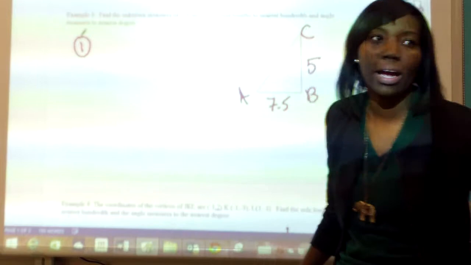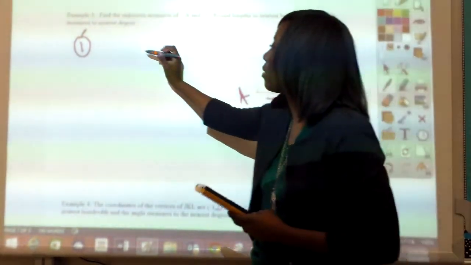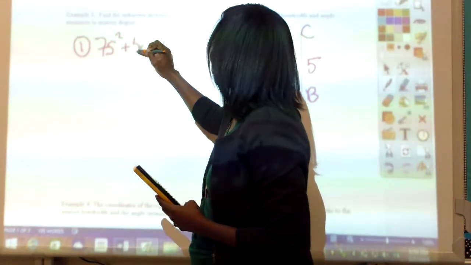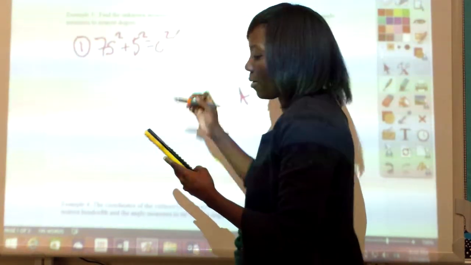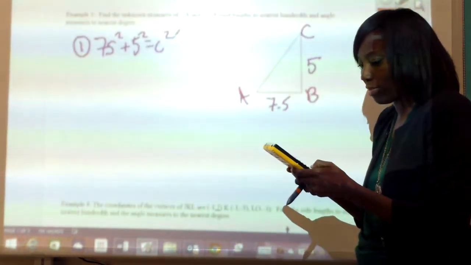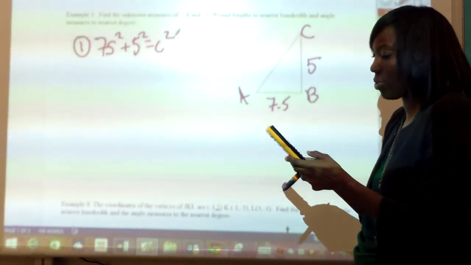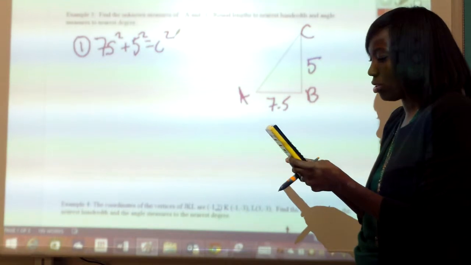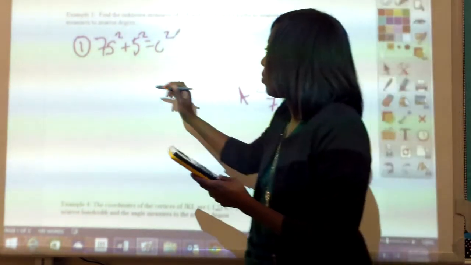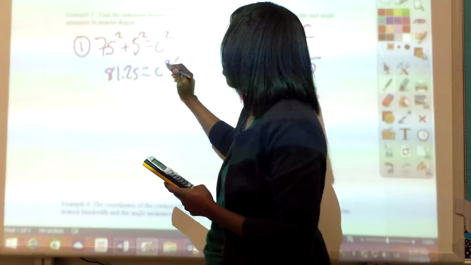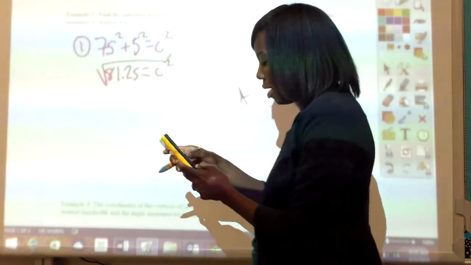Method 1, let's use the Pythagorean theorem. So if we use Pythagorean theorem, we'll have A squared plus B squared equals C squared. 7.5 squared is 56.25. 5 squared is 25. Add those 2 together and we get 81.25 equals C squared. Take the square root of that.